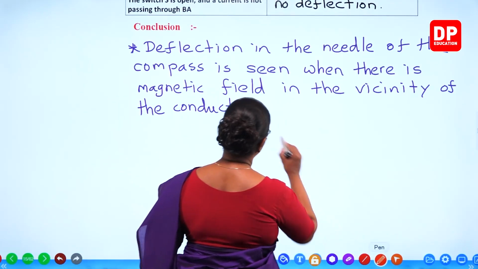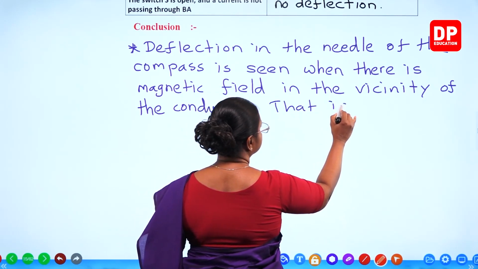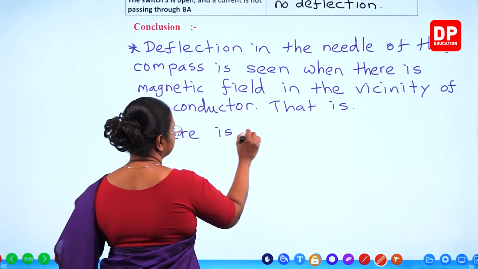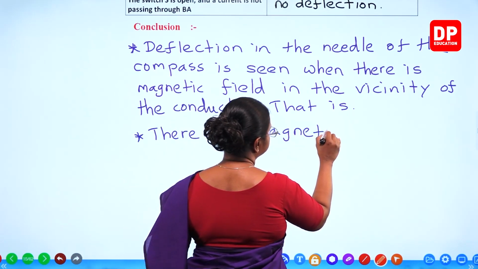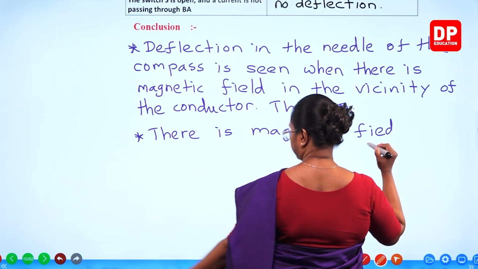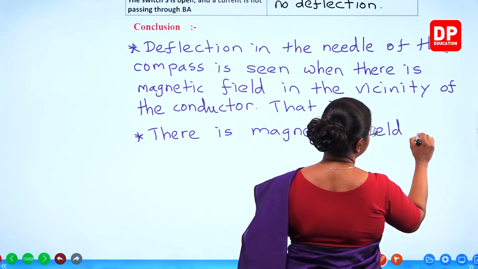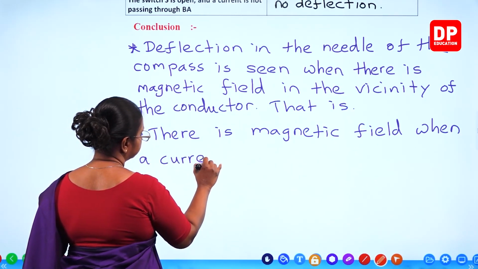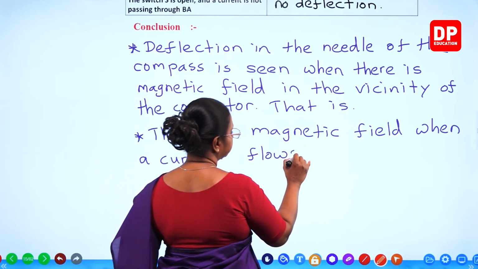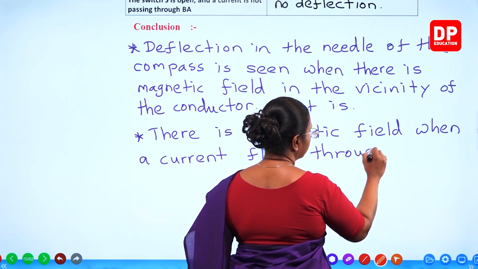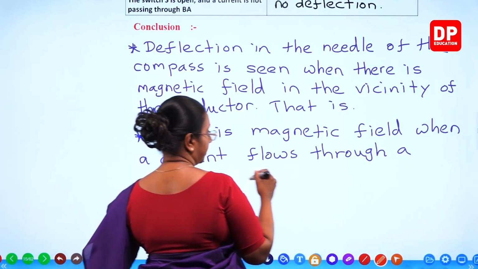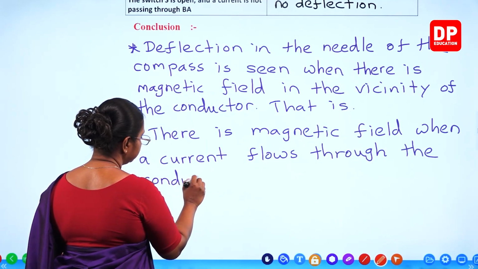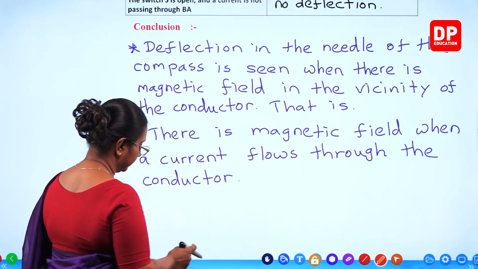That is, there is magnetic field when a current flows through the conductor. So that is one conclusion.